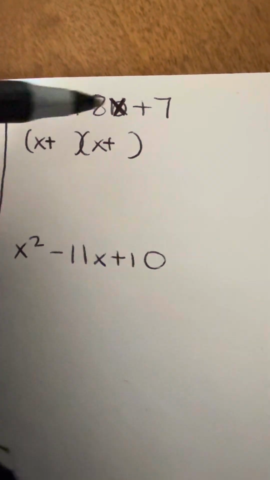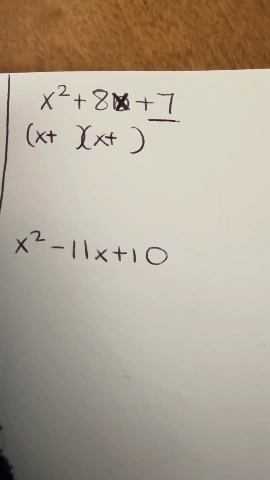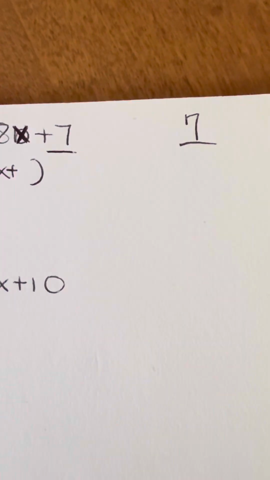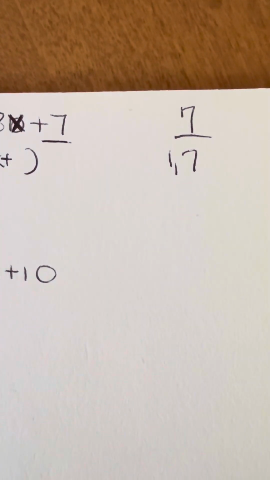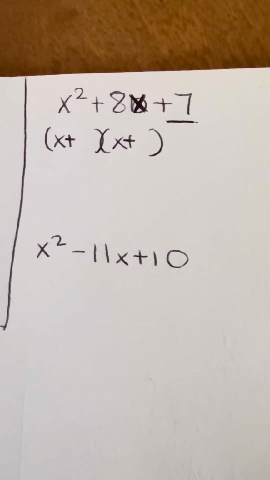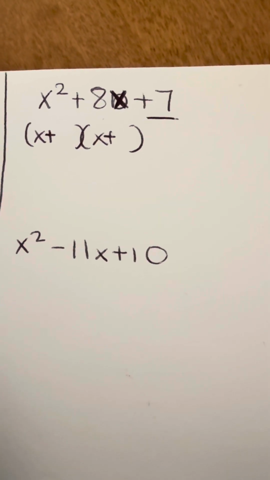Now, the next thing I'm going to do is take a look at factors of that last term, which is called your constant. So we're looking at factors of 7. Obviously, there's not a whole lot of options here. 1 and 7 are my only set of numbers that multiply to get me 7. That means they also need to add up to get me that middle term, which is 8.